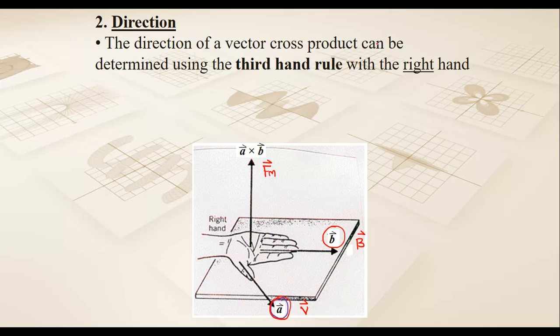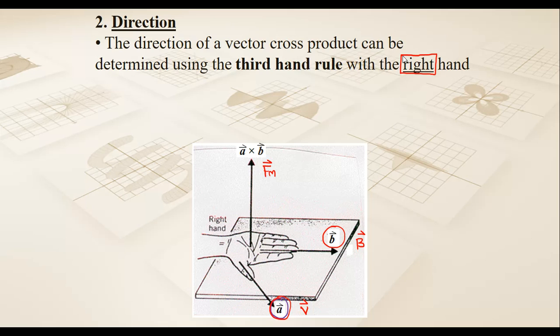I did want to point out, though, that this is valid only with the right hand when we talk about calculating a mathematical vector cross product. I know we did things like use the right hand for a positive charge and the left hand for a negative charge, but in the strict mathematical sense, we'll just use the right hand.